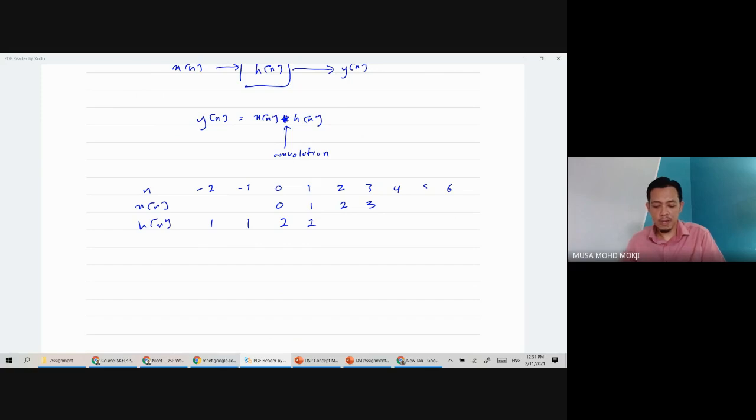So this is what we have. We have those n, and then xn, starting at index 0, and then 1, 2, 3. It just happened that it is the same as the index. And then hn starts with the index -2. So we have 1, 1, 2, 2.